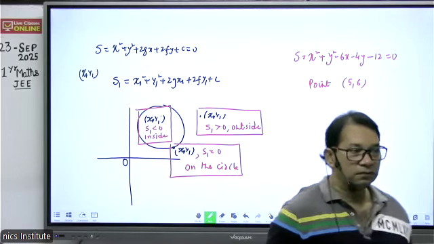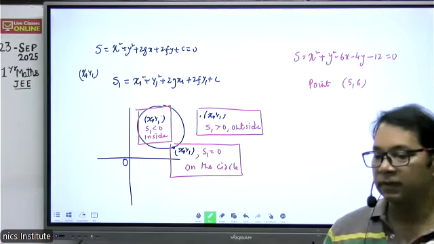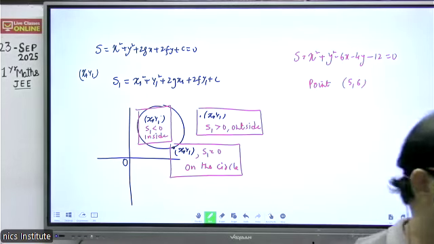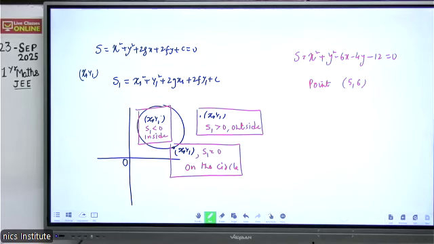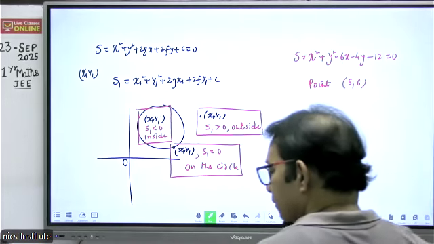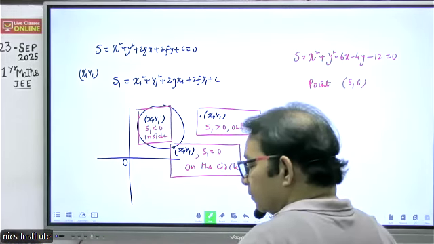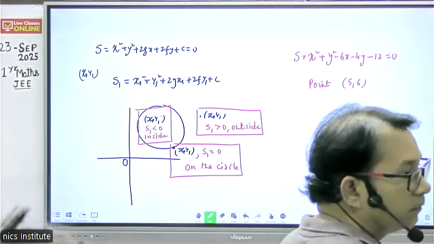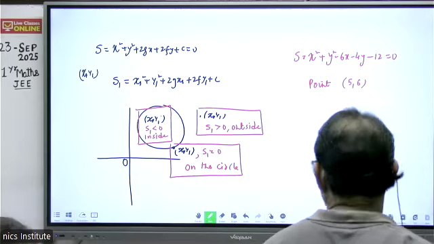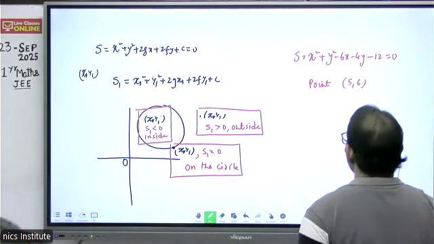Point को substitute करो, value से decide होगा inside है outside है. क्या आ रहा है? -5 आ गया.